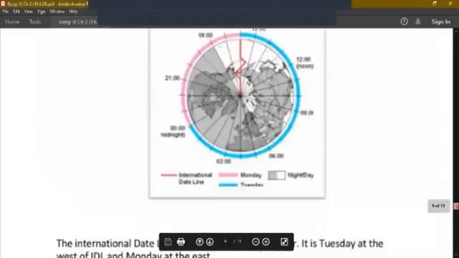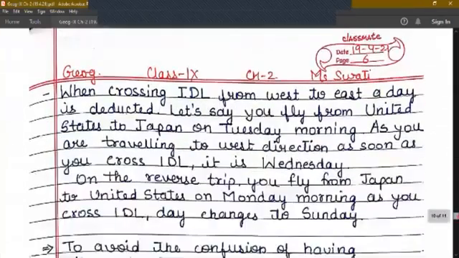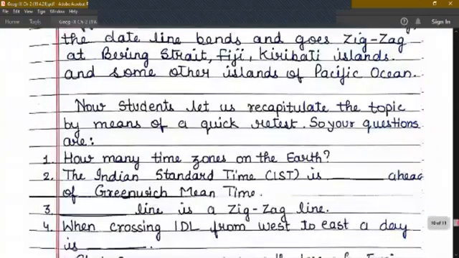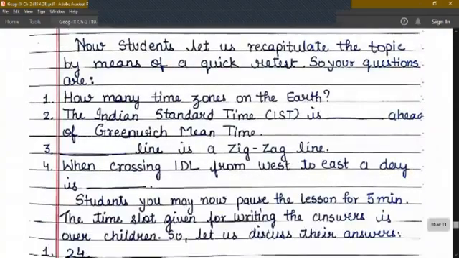Now, this is the question time. Students, let us recapitulate the topic by means of a quick retest. The questions are: How many time zones are present on the earth? Number 2, the Indian Standard Time, that is IST, is dash ahead of Greenwich Mean Time.